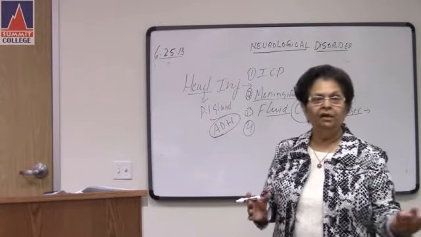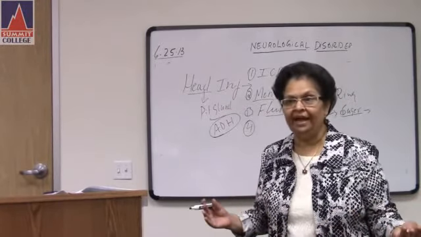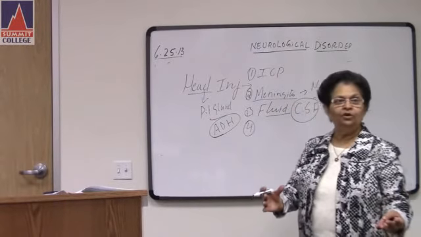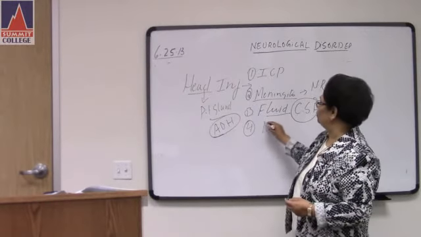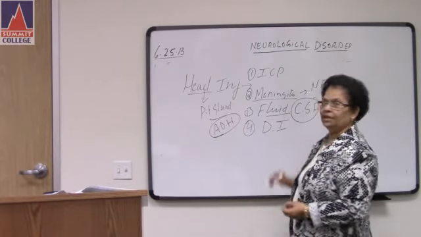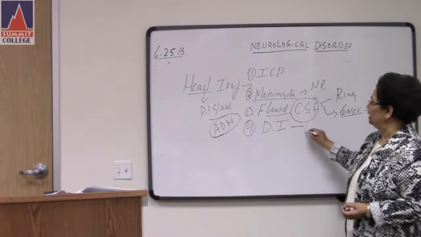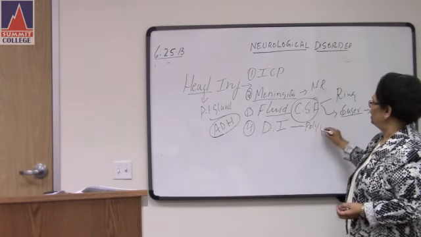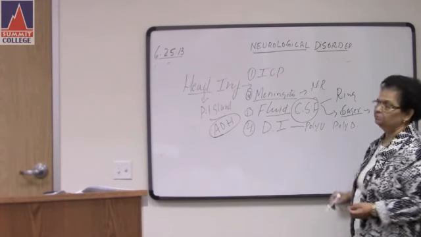And what happens when your brain is affected and you have no ADH? We do not hold the urine and we are peeing. What would that condition be? Diabetes insipidus. And diabetes insipidus would be polyuria and polydipsia.